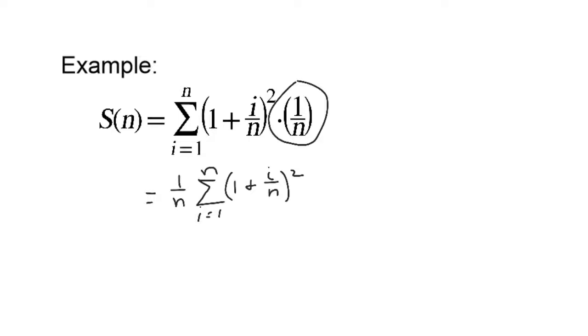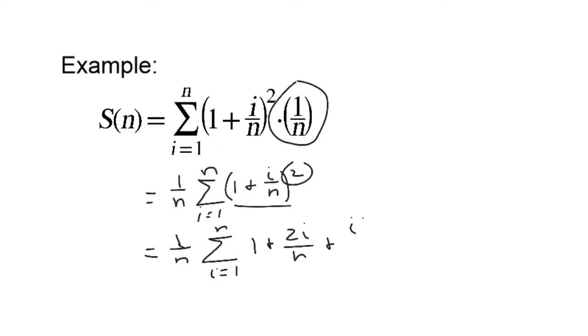Now, I have to square this function because of this guy right here. So let's do that. 1 over n times the sum i equals 1 to n of 1 plus 2i over n plus i squared over n squared.